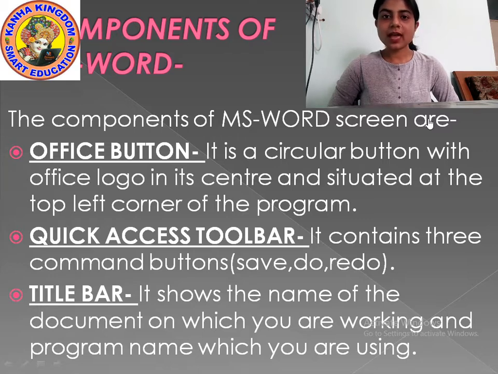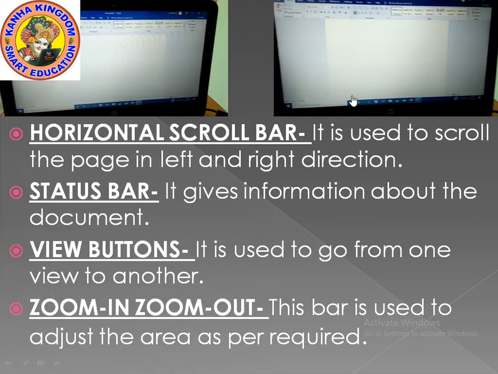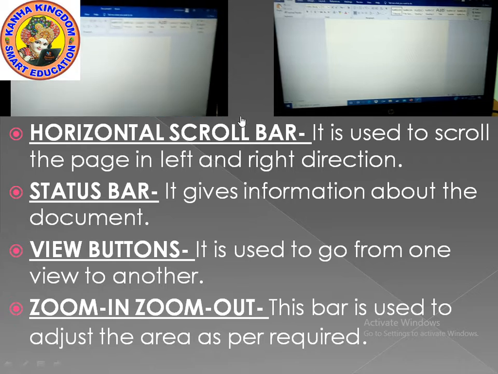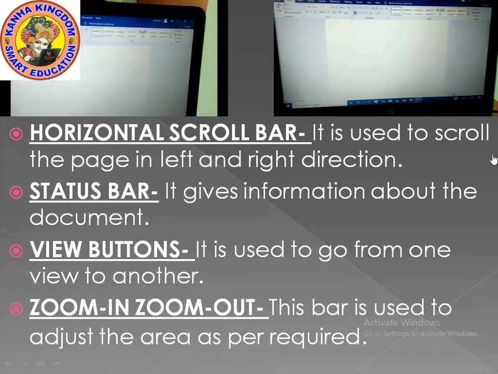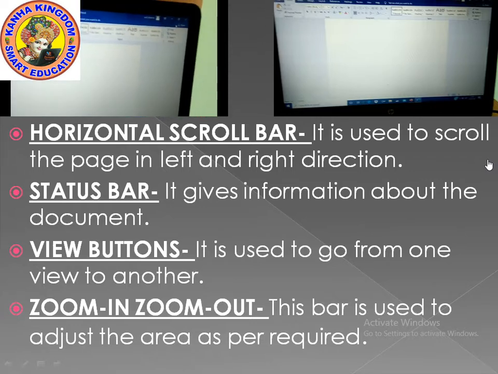Okay students, now let me show you the components in the MS Word screen. What are the components that are there in the MS Word screen? Can you see my pointer here?